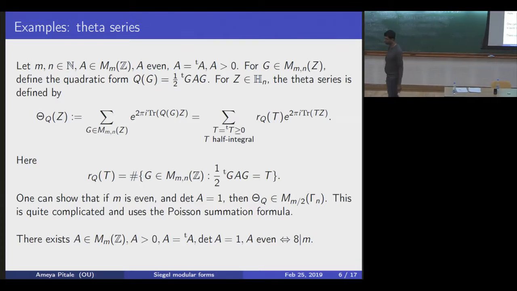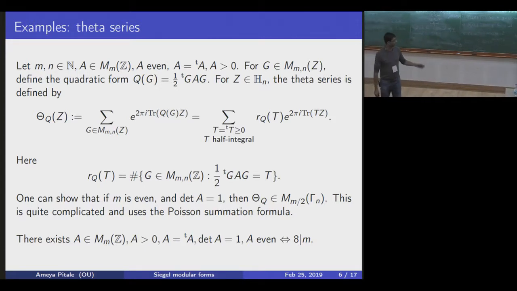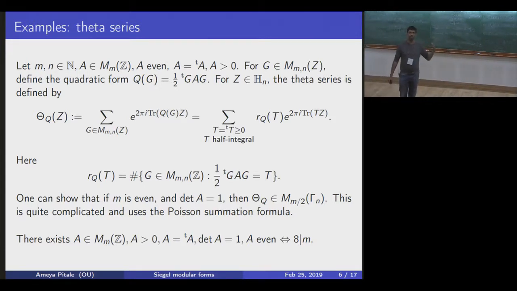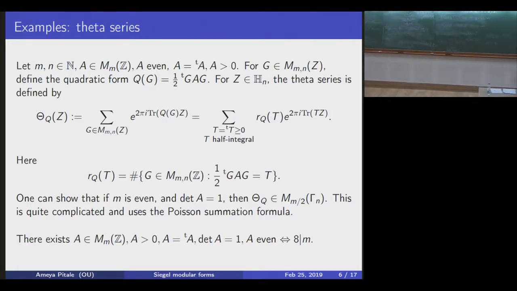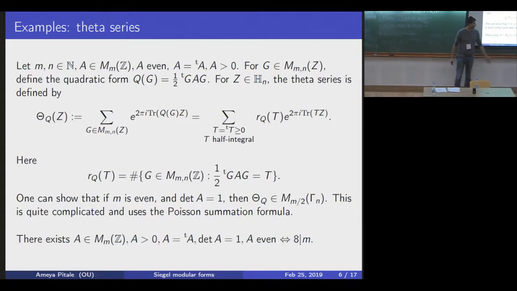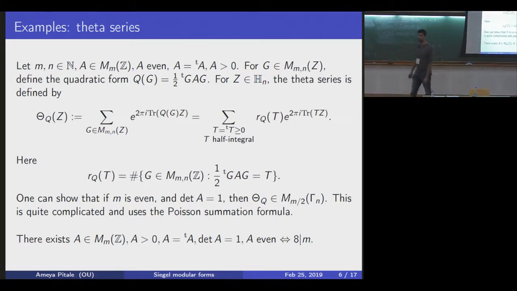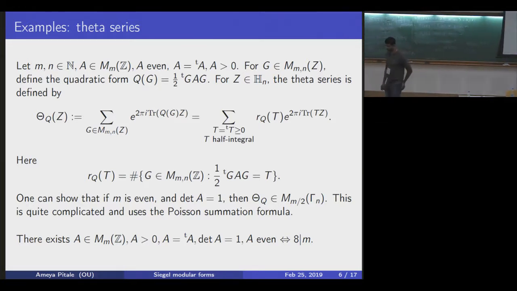I'm assuming unimodular because if I have unimodular, then this N for level, which we saw in the very beginning, is actually equal to 1. So you don't get any level in this case. And if you are wondering if these ever exist, well, they do. If 8 divides m, then you can always find these unimodular lattices.